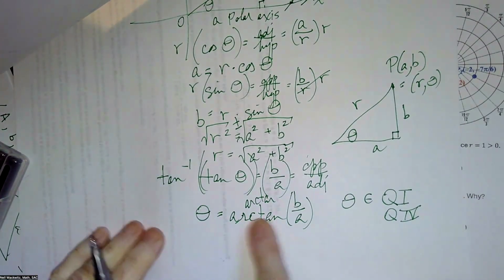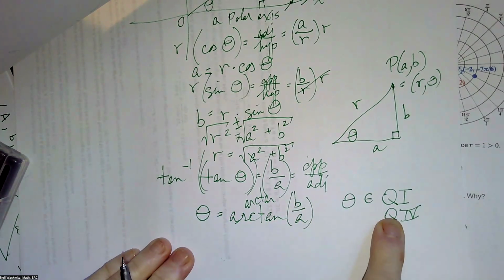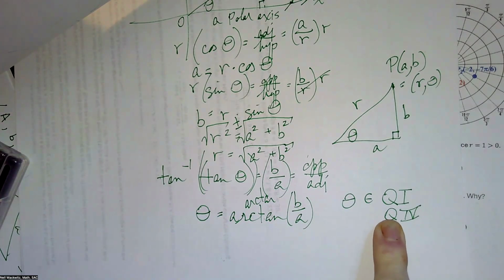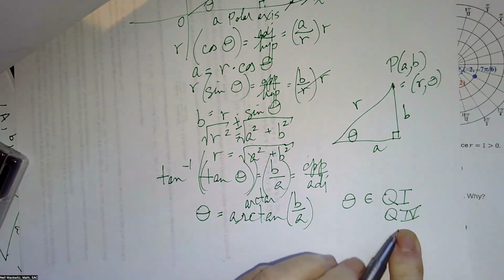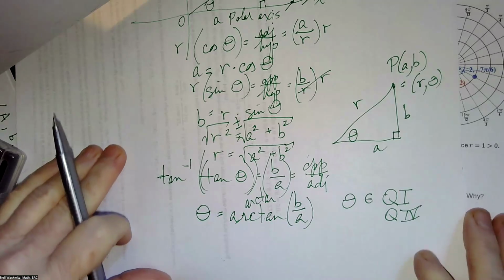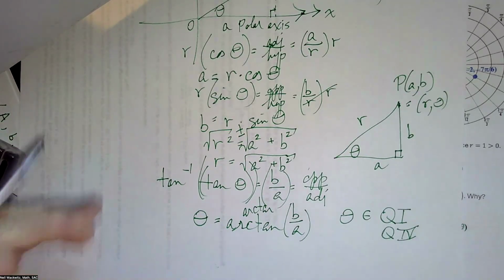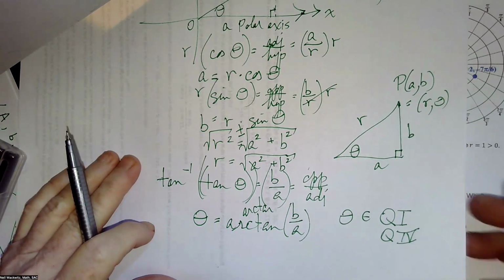If B over A is a negative value, we have to be in quadrant 4, but the point itself may not be in quadrant 4. So quadrant 4 will give us our angle, and then we have to see which quadrant our point is in and how we can move it there. We'll have an example of that in just a bit.